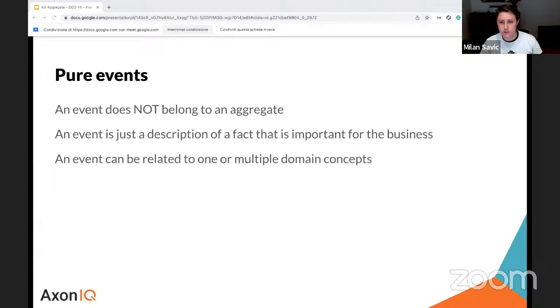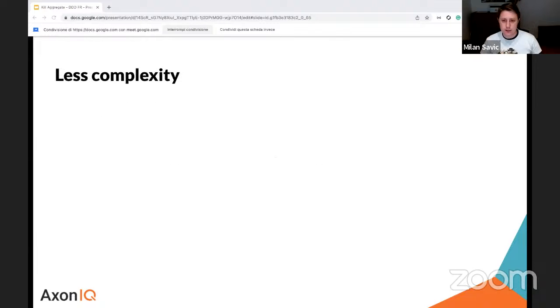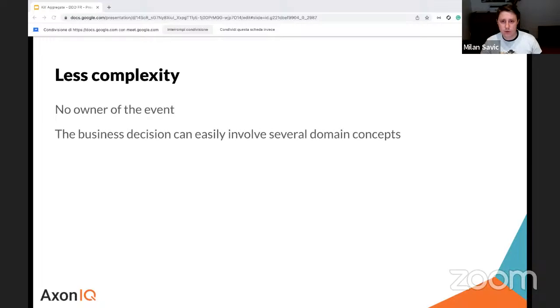The very first benefit that we have is less complexity, right? There is no owner of the event. The business decision now can easily involve several domain concepts. Sara mentioned the orchestration between different aggregates. In this situation, this is not needed. Why?